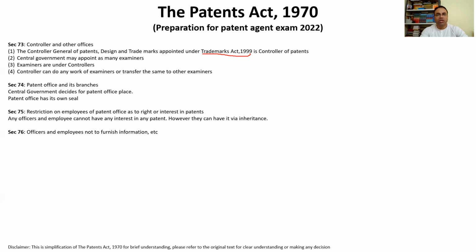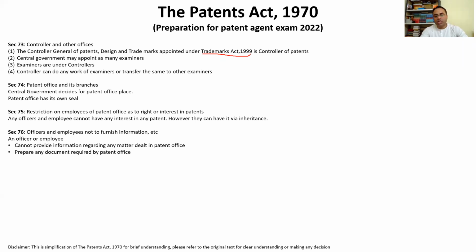Very simple. Officers and employees not to furnish information. An officer or employee cannot provide information regarding any matter dealt with in the patent office, or prepare any document required by the patent office.